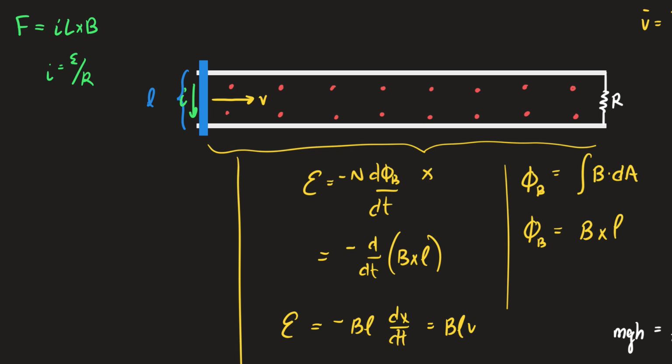But you can't have the EMF symbol in your answer. It's got to be based on the physicality of our apparatus. So you'll have to sub in for the EMF, BLV. All of this substitution takes place here. Plus the cross product, but I think we can handle the cross product as being 90 degrees. We'll be okay there. So this is the substitution I'm looking for.